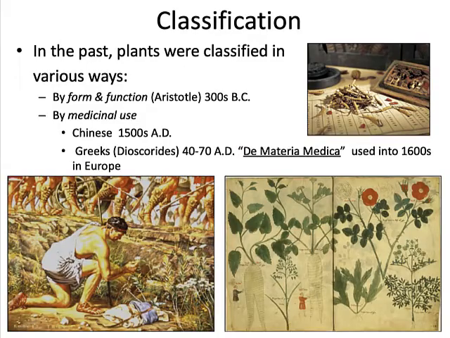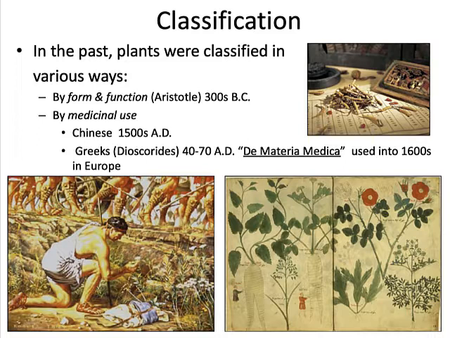In the past, plants were classified in various ways. For example, in the year 300 BC, Aristotle and his contemporaries started to classify plants by their form and function. Also, around this time and moving forward over about 1,000 years, many different cultures started to classify plants by medicinal use.